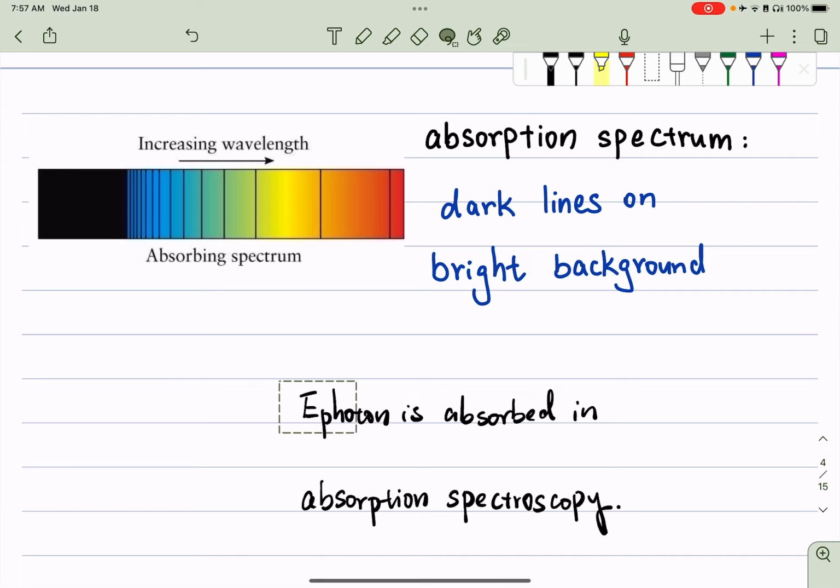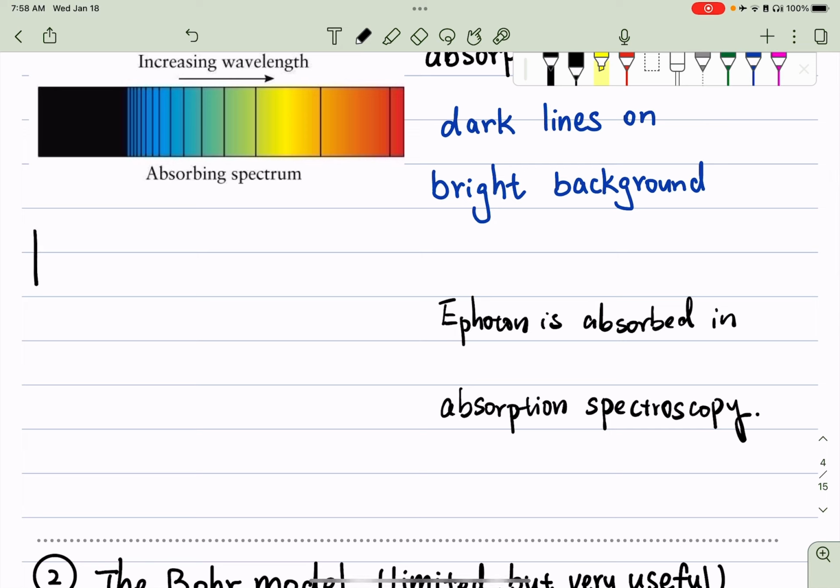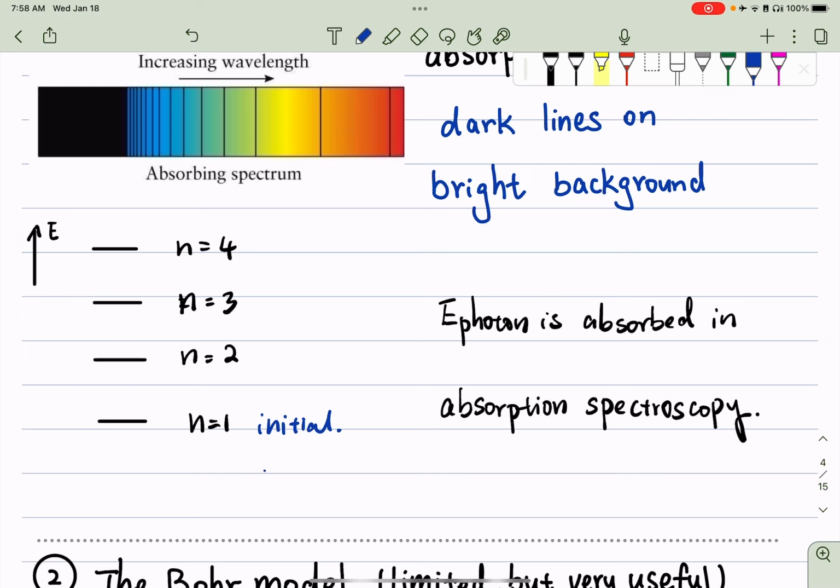And if we write it out as an energy diagram, what we have, again, let's use 4 different energy states as an example. And our initial state is the ground state.